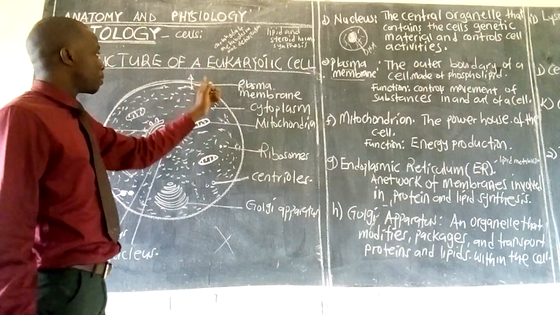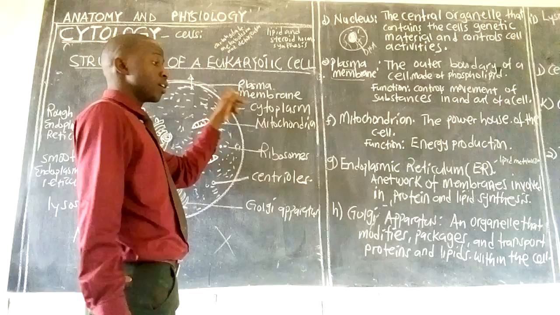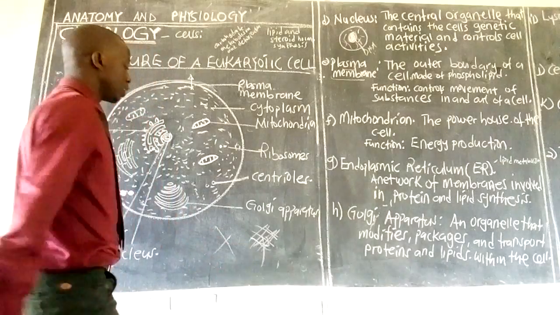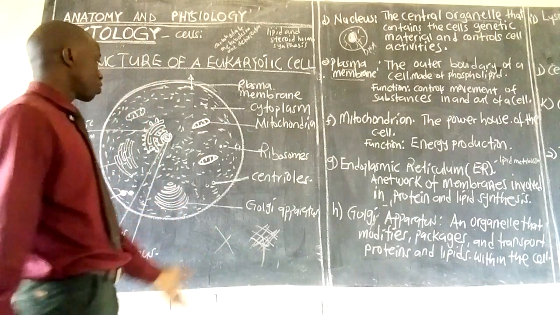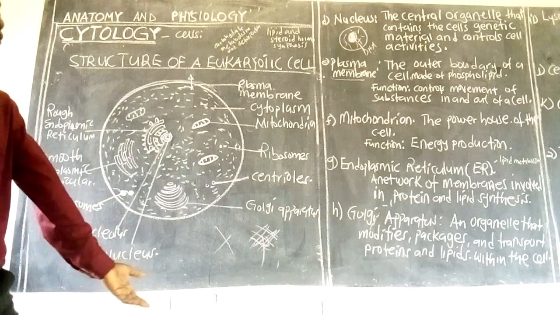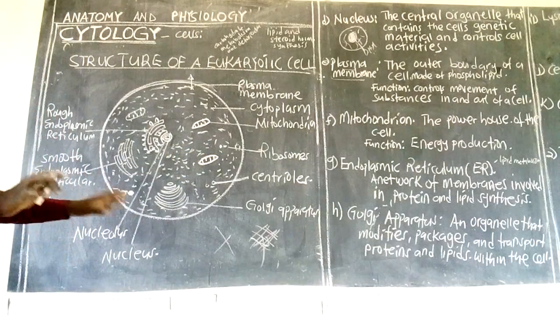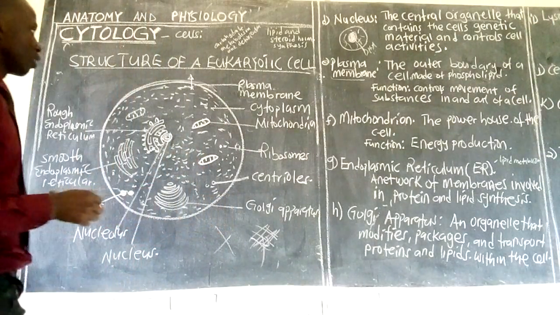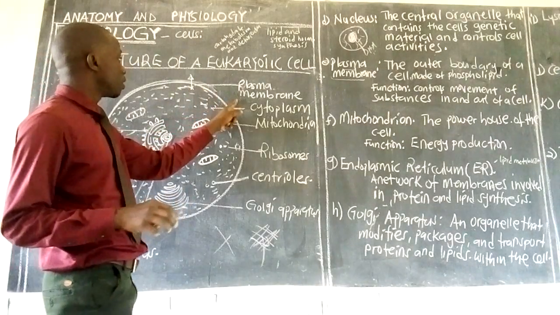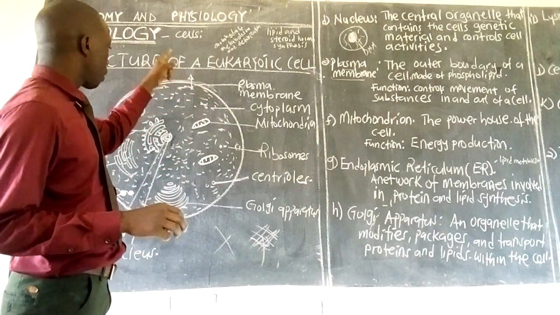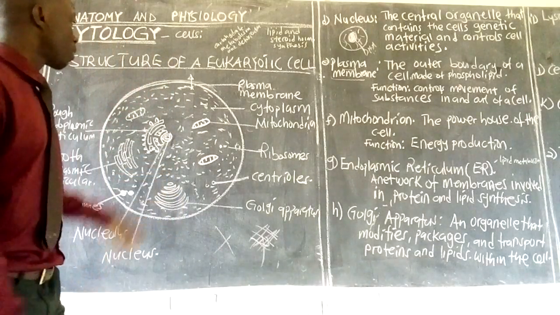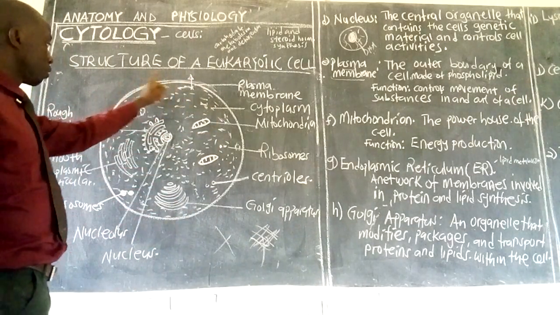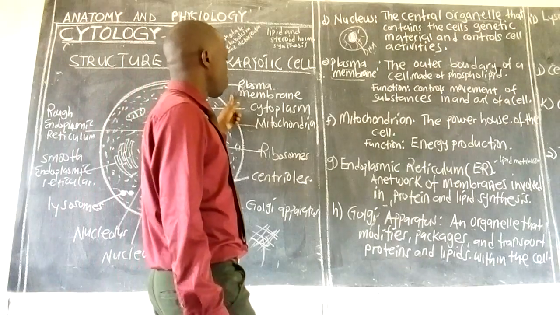But that depends on its permeability. It is selectively permeable, meaning it can allow some substances to go in and others not, depending on concentration levels and other factors that we shall see in transport across the cell. So the plasma membrane controls inward and outward movement of materials, and it also provides shape to the cell.